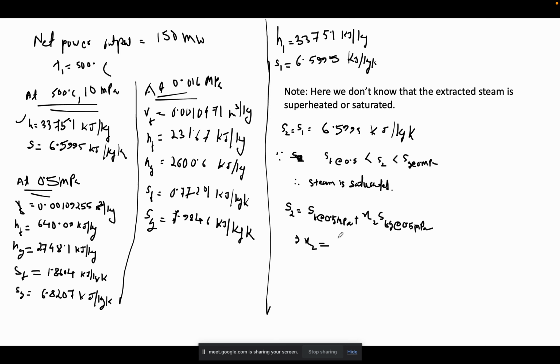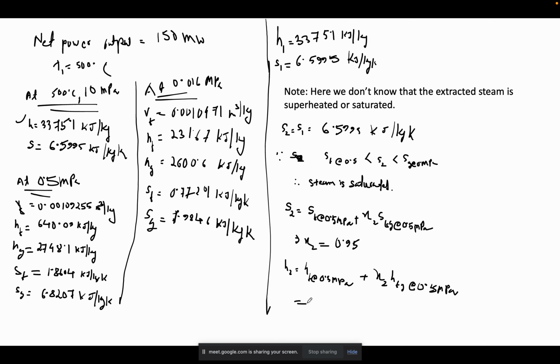This is 0.95. So this is my X2. So from here now I will get H2, which is nothing but Hf at 0.5 megapascal plus X2 times Hfg at 0.5 megapascal.